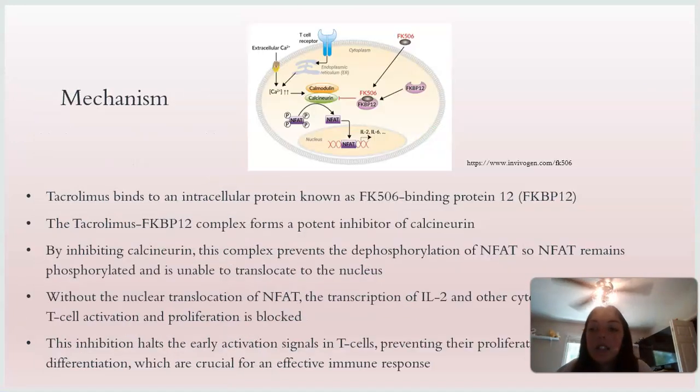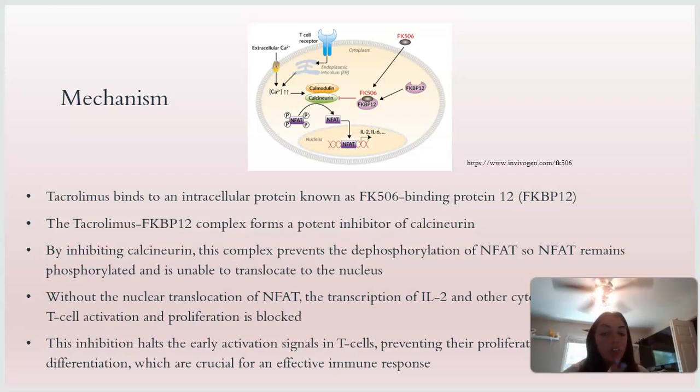The mechanism that tacrolimus uses is it binds to an intracellular protein known as FK506 binding protein 12, and it forms a complex that's a potent inhibitor of calcineurin. By inhibiting calcineurin, this complex prevents the dephosphorylation of NFAT, so it remains phosphorylated and is unable to translocate to the nucleus.